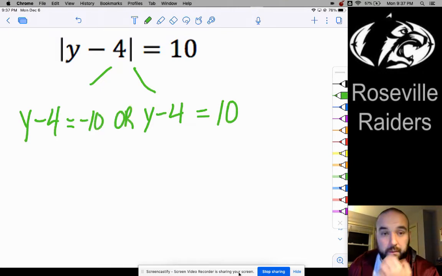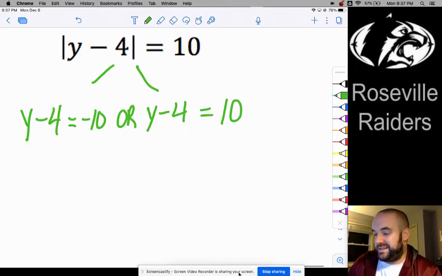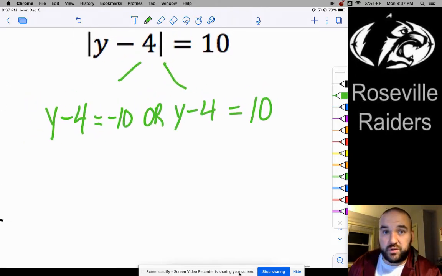And this is an or problem because either one is going to work for us. So y minus 4, the part inside the absolute value, either has to equal negative 10 or it has to equal positive 10.